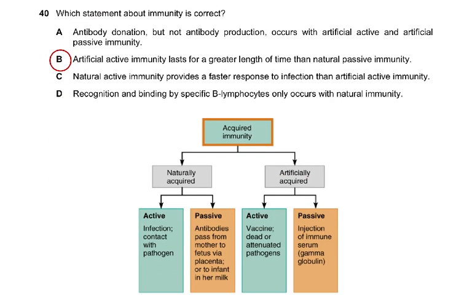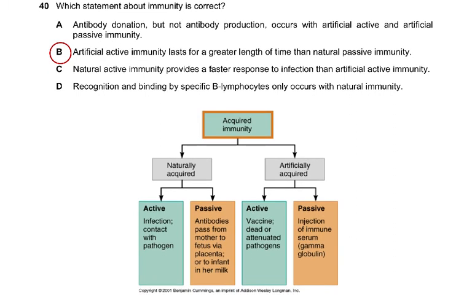Okay, then we come to the last one, which is question 40. Which statement about immunity is correct? Why was it B, artificial active immunity lasts for a greater length of time than natural passive immunity? Now, of course, if you remember what is active, passive, natural and artificial.